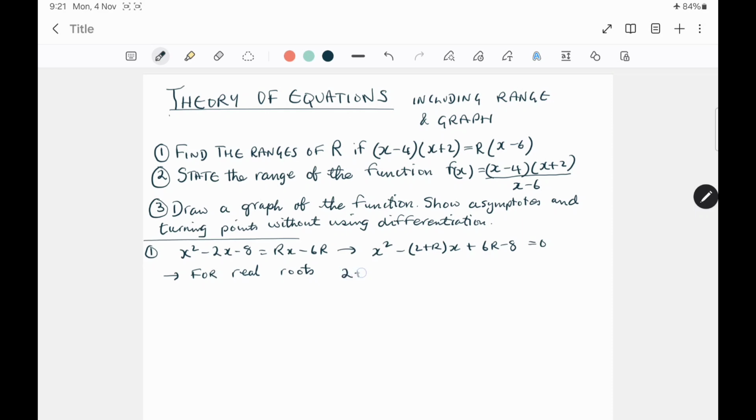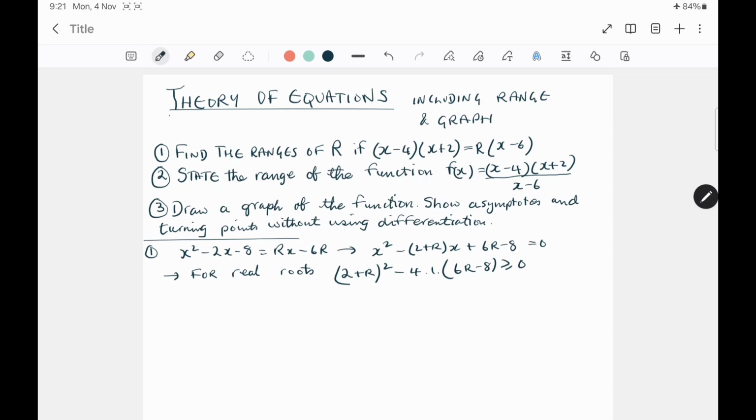So we've got (2 + r)² - 4 × 1 × (6r - 8) has to be equal to or greater than 0.